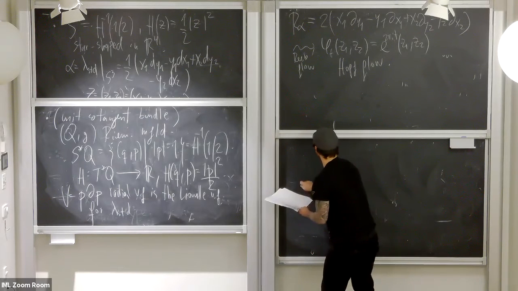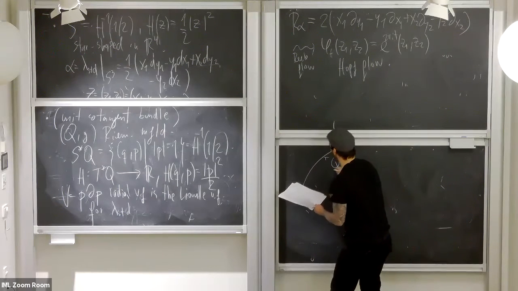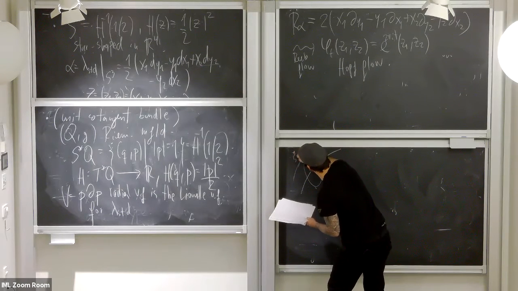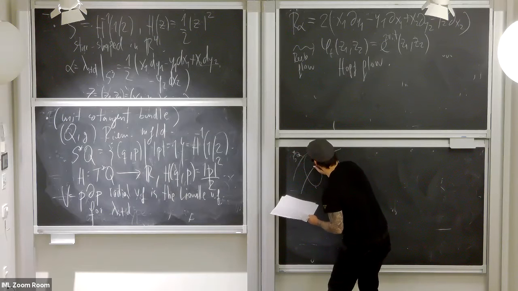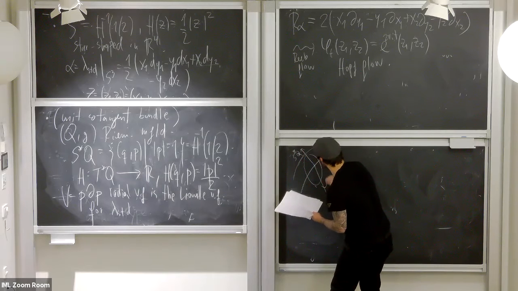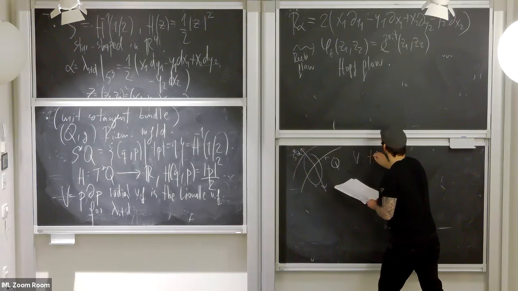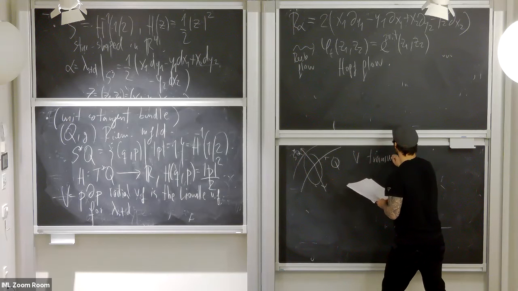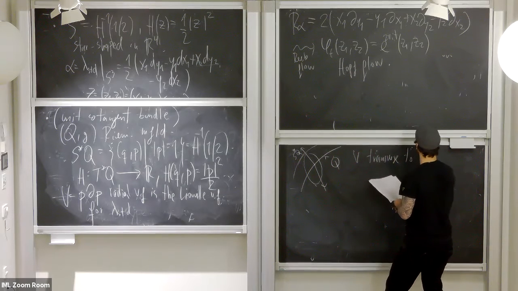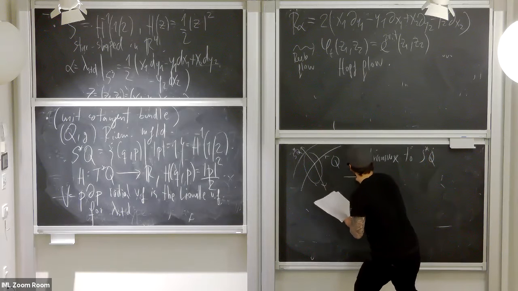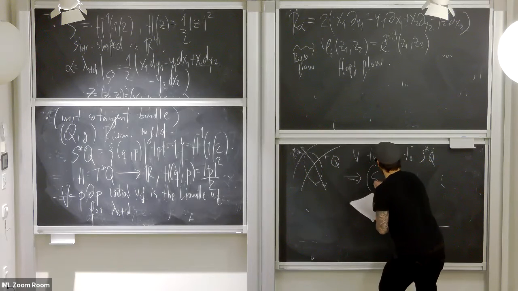So here we have Q, and we've got the unit cotangent bundle. The radial direction is obviously transverse, so V is transverse to the unit cotangent bundle, and so this guy is a contact manifold.